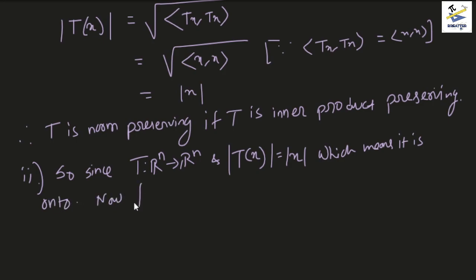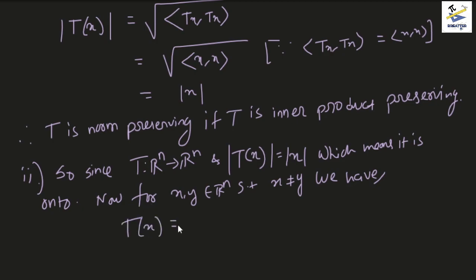Now for x, y belonging to R to the power n such that x not equal to y, let us prove it is one-one. To prove it is one-one, we need to check if T of x equals T of y implies x equals y.